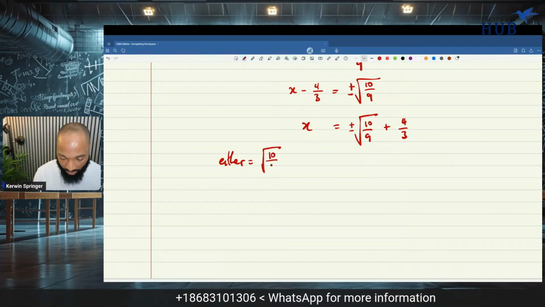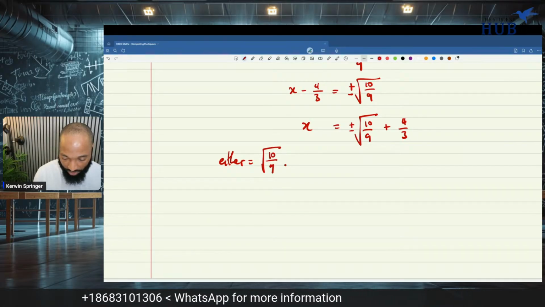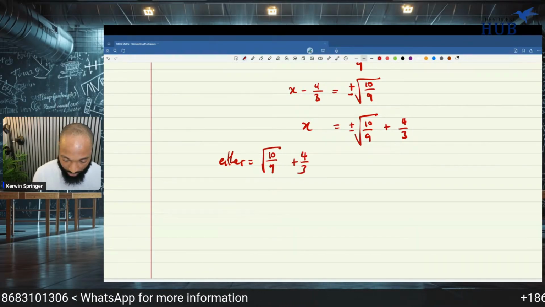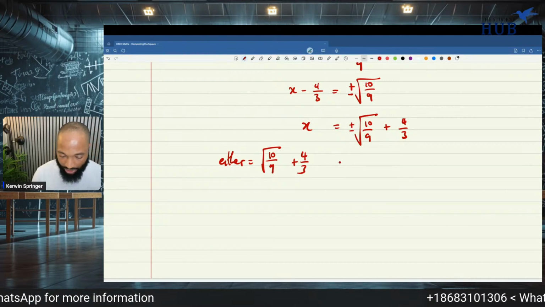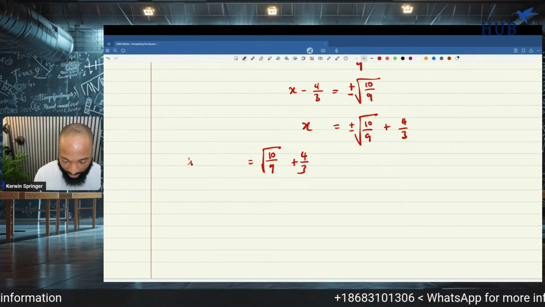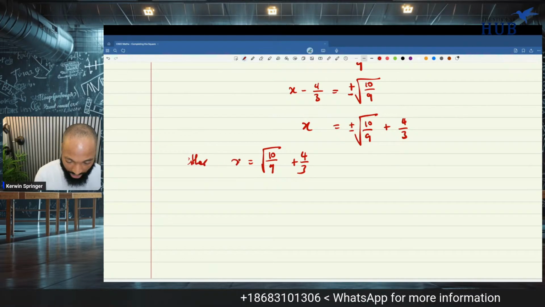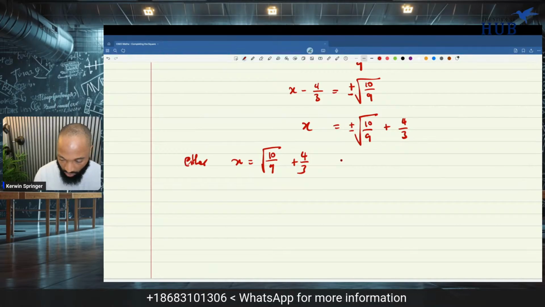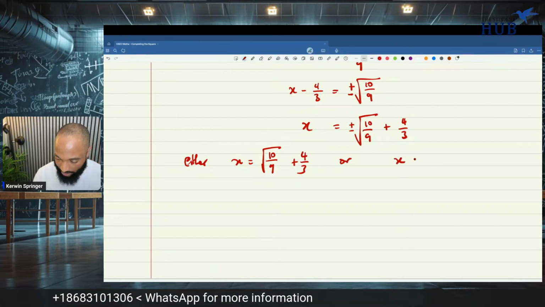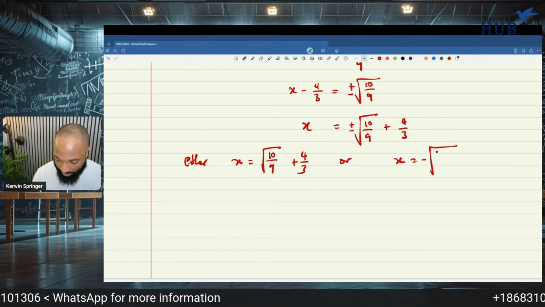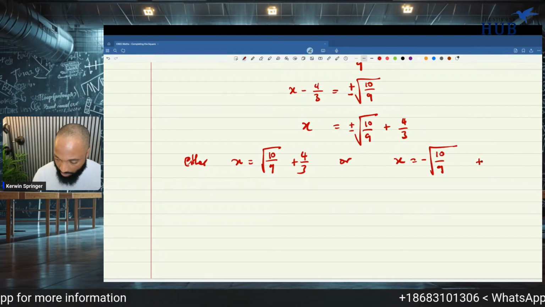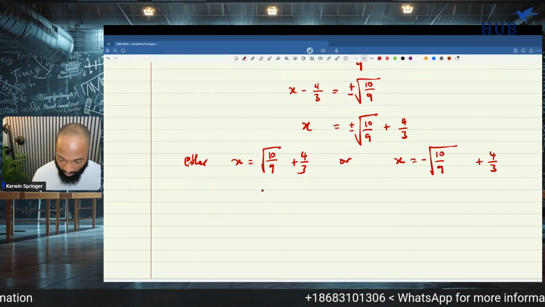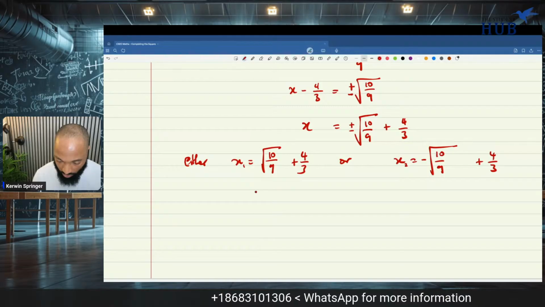The square root of 10 over 9 plus 4 over 3. Make sure this is separate. Either x is that, or x is negative square root of 10 over 9 plus 4 over 3. So either you have x1 or x2.